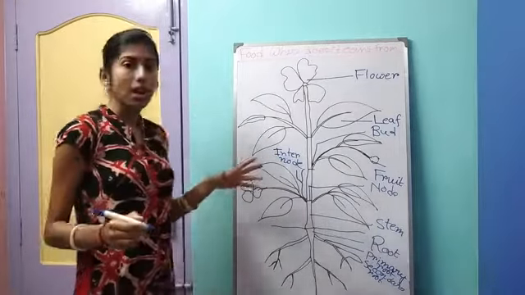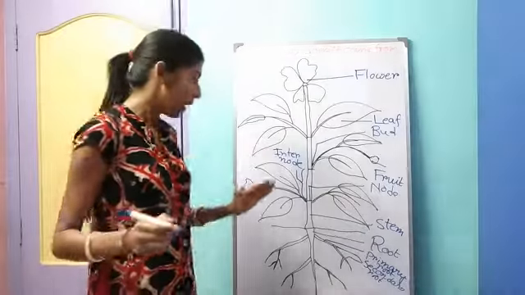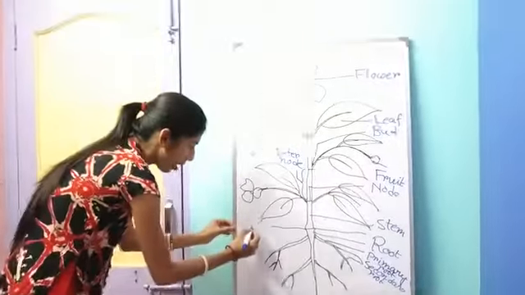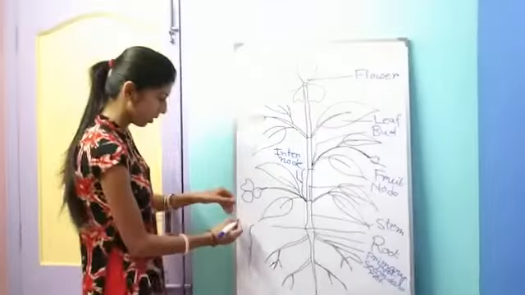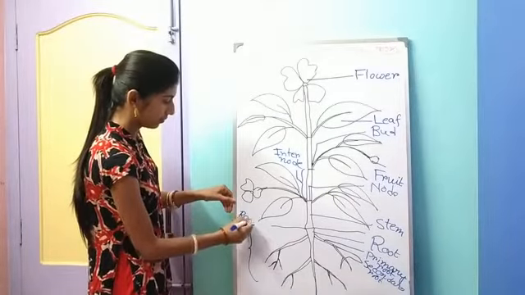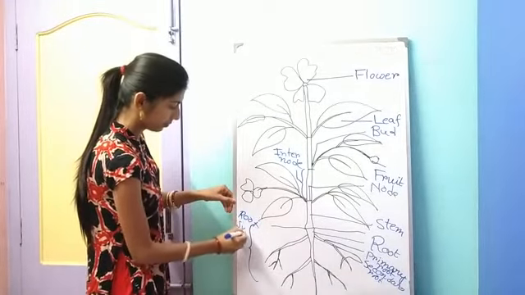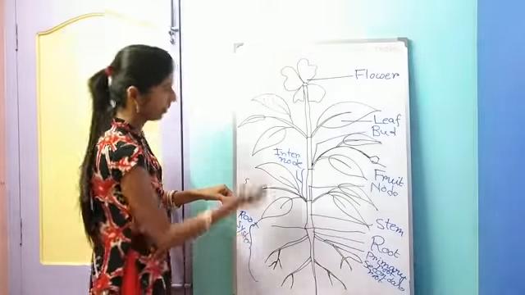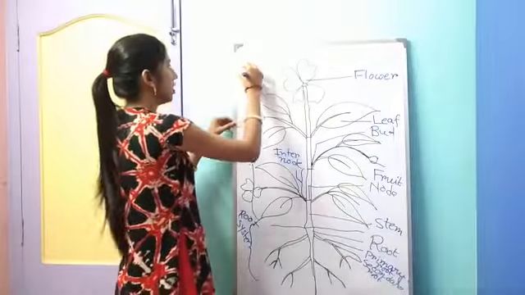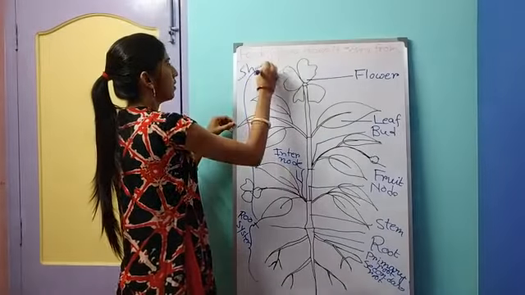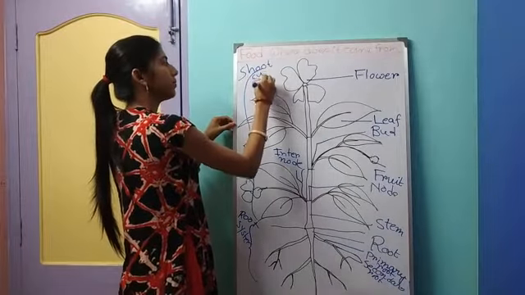And in our last class I told you that the part which is under the ground is called root system, and that portion which is above the ground is called shoot system.